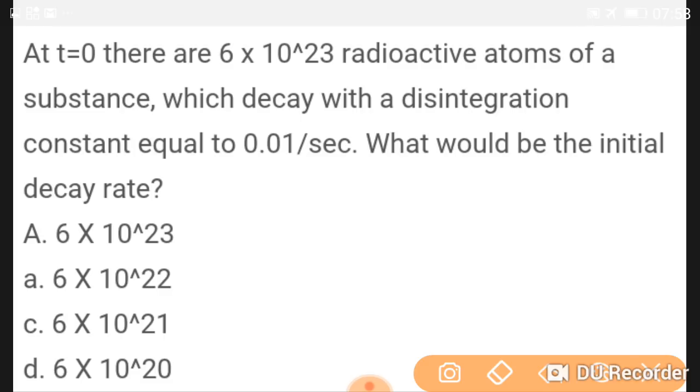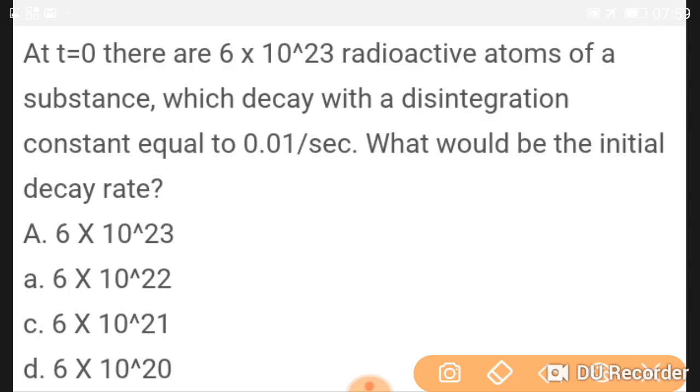At t equals 0, there are 6 into 10 raised to power 23 radioactive atoms of a substance which decay with a disintegration constant equal to 0.01 per second. What would be the initial decay rate?